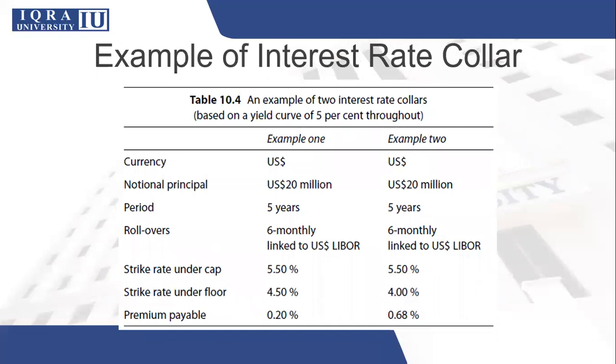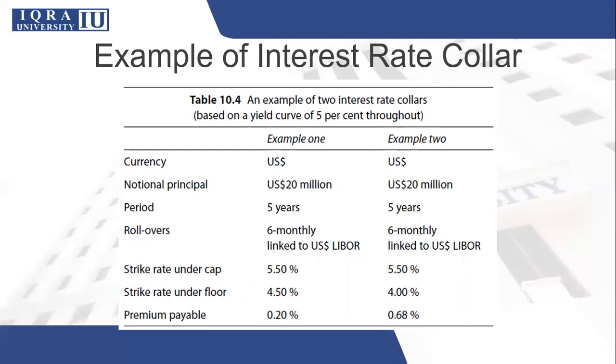Now let's look at an example to understand this even more. So the example 1 and example 2 you have over here. The information is the same, but you can see that the strike rate under the cap is now 5.5% for both cases. And the strike rate under the floor is 4.5% in this case and 4% in the other case.